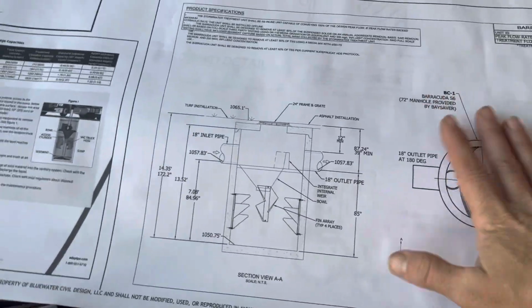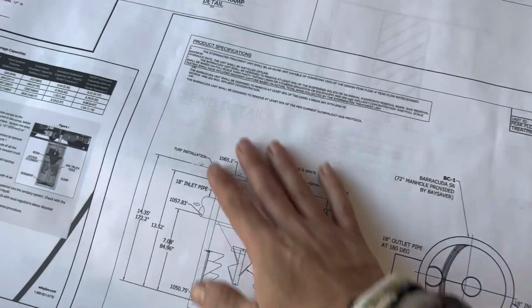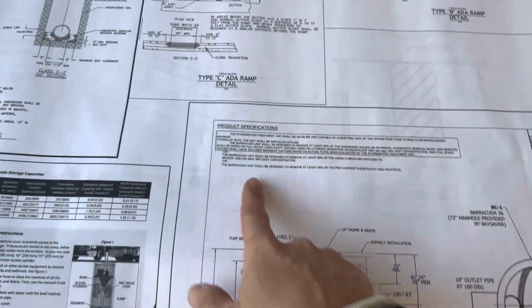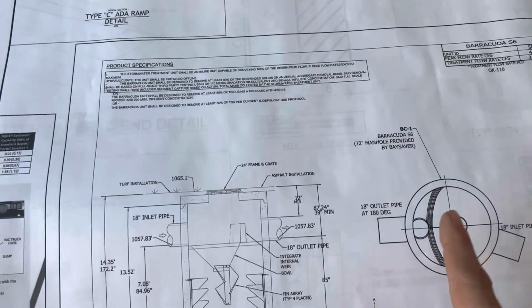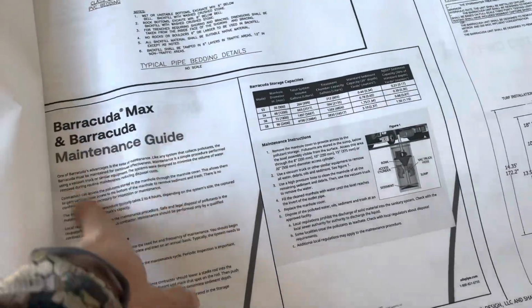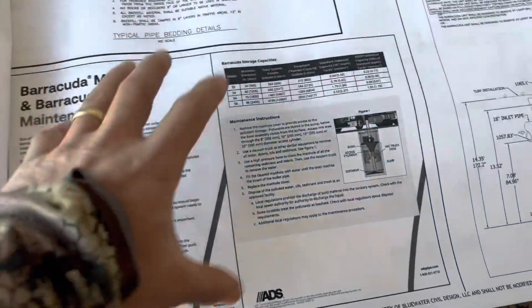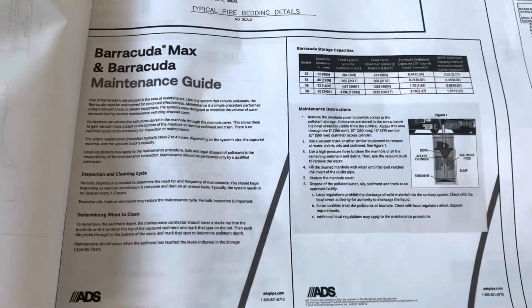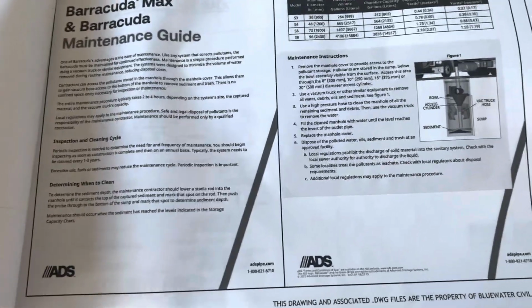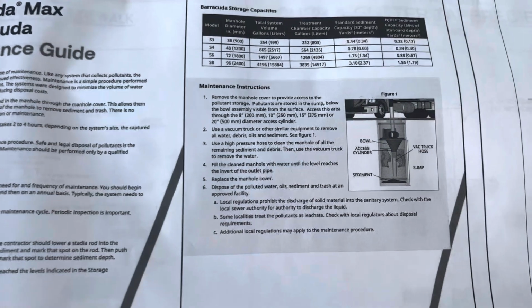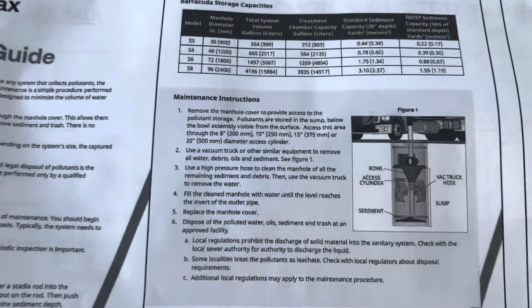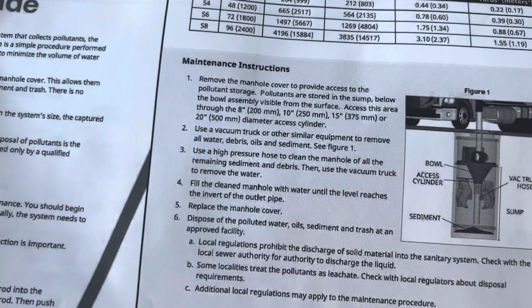But this page here in the plans lays it out, and it tells you specifically what has to be done for installing this. You come over here, Barracuda maintenance guide. This tells you how it's supposed to be maintained, including how it's supposed to be cleaned out.